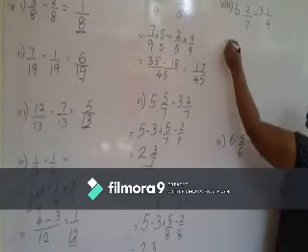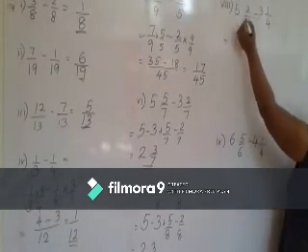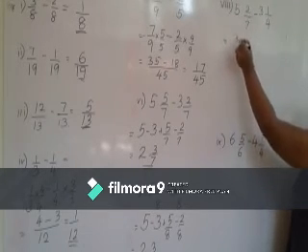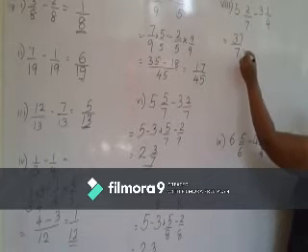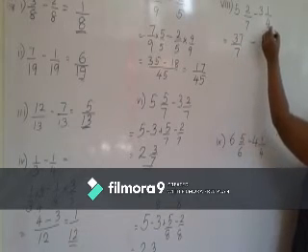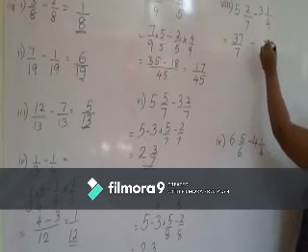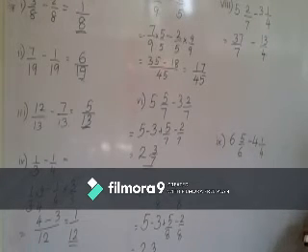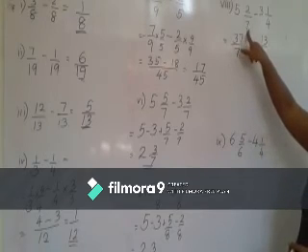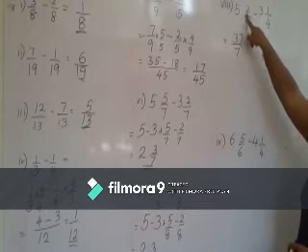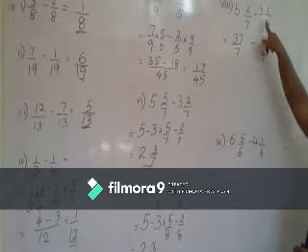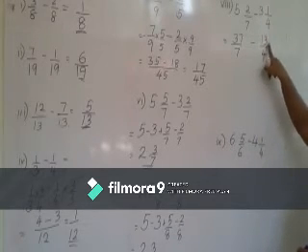So we know that to make it into an improper fraction, 7 times 5 is 35. 35 plus 2 is 37, over 7. Minus 4 times 3 is 12. 12 and 1 is 13, over 4.